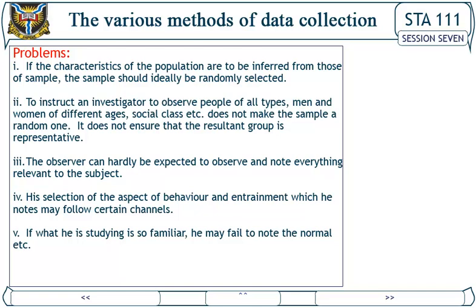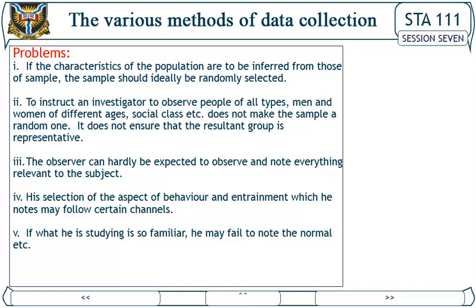1. If the characteristics of the population are to be inferred from those of a sample, the sample should ideally be randomly selected. 2. To instruct an investigator to observe people of all types, men and women of different ages, social class, etc., does not make the sample a random one.